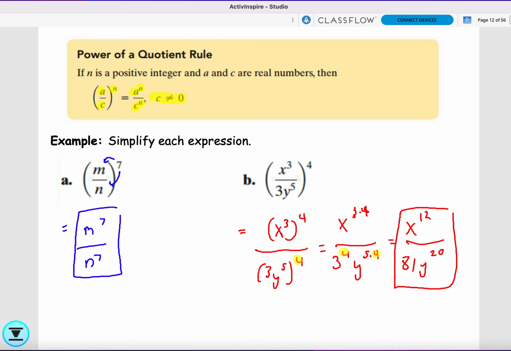And we're done. So this is a power to a power, and then the quotient rule, which is if you're applying a power to a fraction, then the whole fraction gets the power rule.